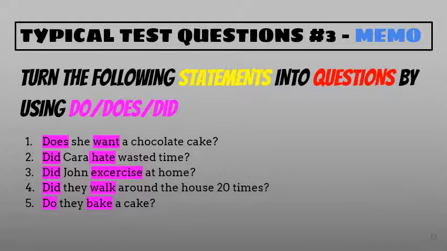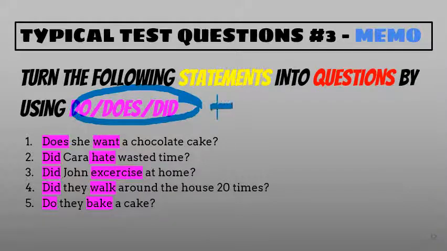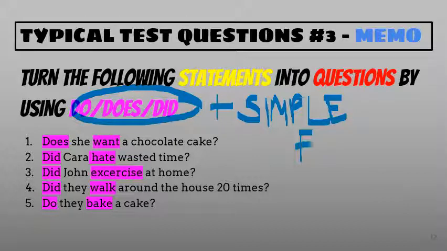Right, something that I have to hammer on just here again is after do, does, and did, I always have to use the most simple form of my verb, because remember, do, does, and did then already shows me my tense of my verb. So I cannot say, did John exercised at home?